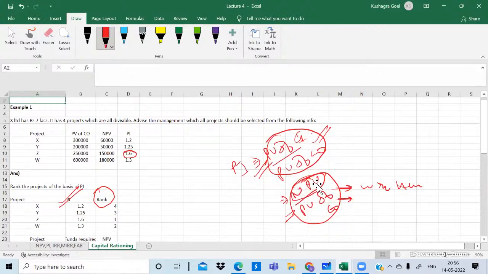The first professor uses the method which is NPV upon present value of cash outflow. The other professor, when he's giving live examples of companies, uses the method which is inflow upon outflow. So depending upon what data is given, you make a choice. Had I been in your position, had I been a student, I would have used the first method, which is commonly used. So I would prefer this method, but let's say if somebody uses the other method, I'm not going to say that it's wrong.